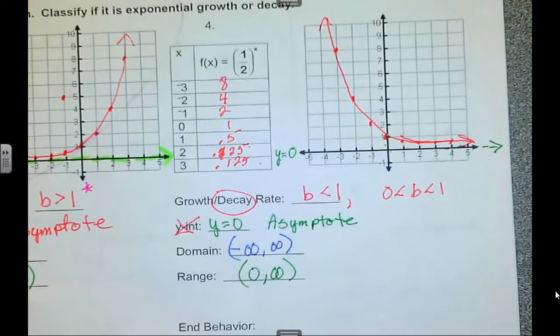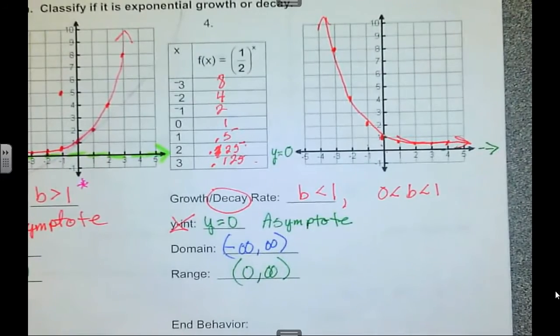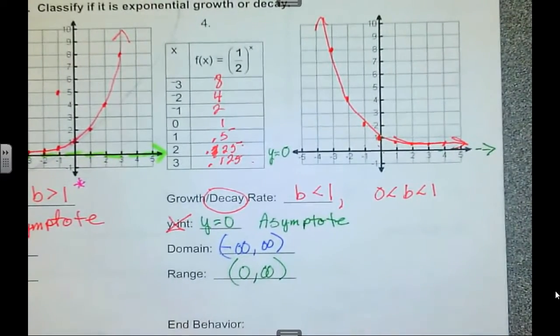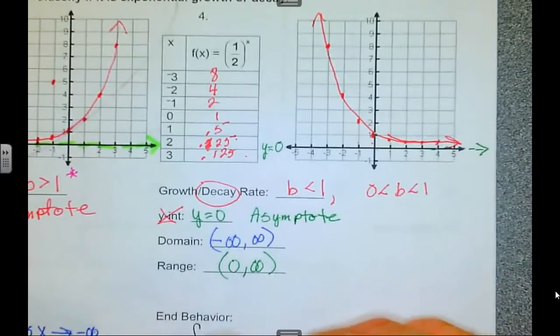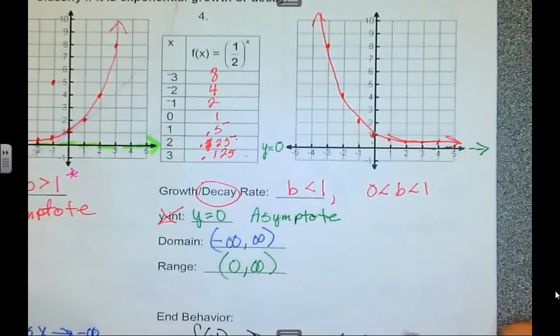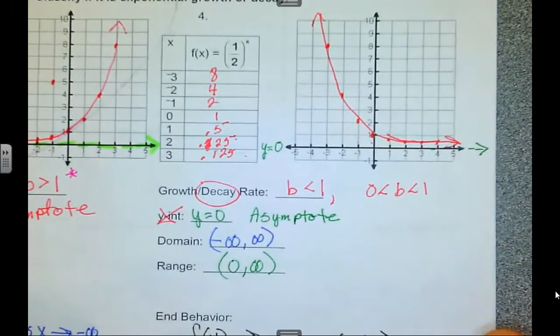Now, end behavior. What are you going to do when you see the words end behavior? It should automatically click something in your heads. Yes, you should write down the template: f of x approaches blank as x approaches blank.